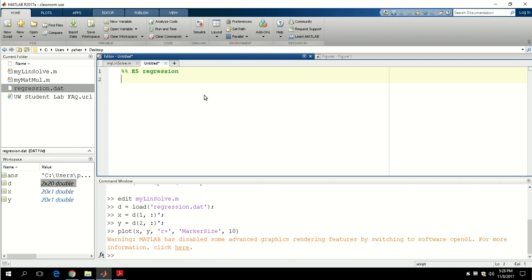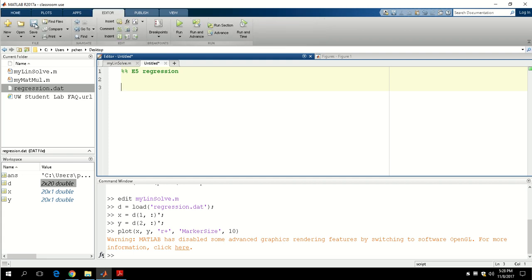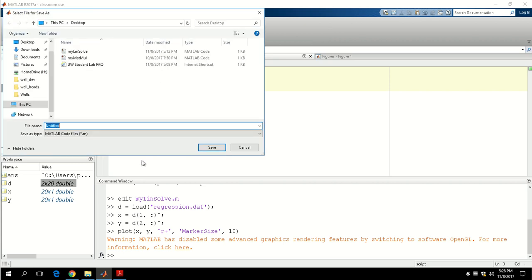E5 is really short. It's composed of just this one exercise, unlike all the previous exercises we have done, which had lots of code involved. This one has just one or two lines of code. Let's save this file and call it my regression.